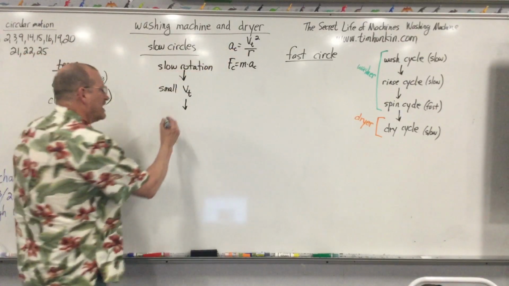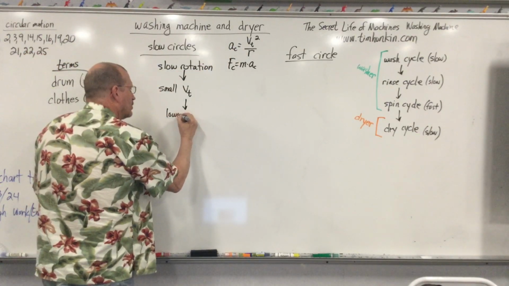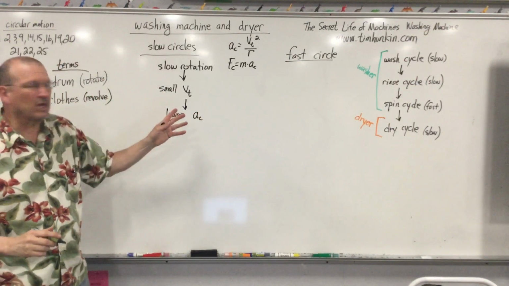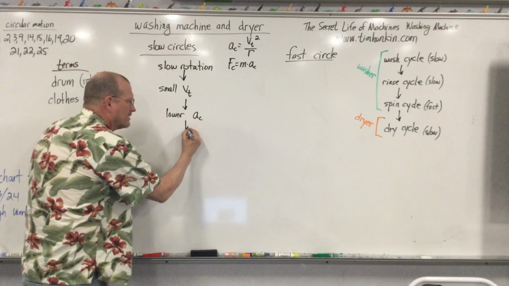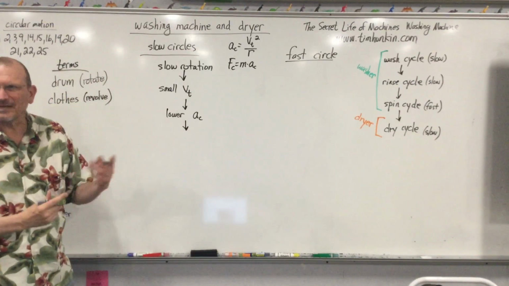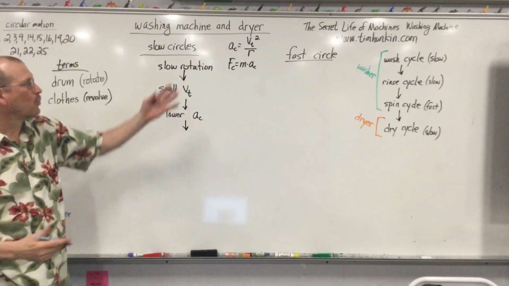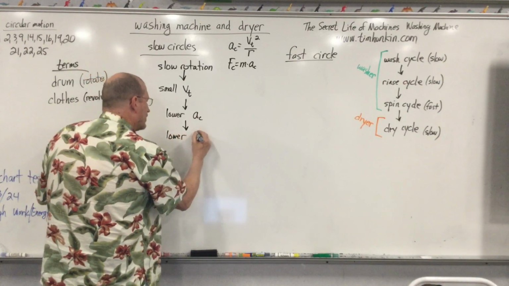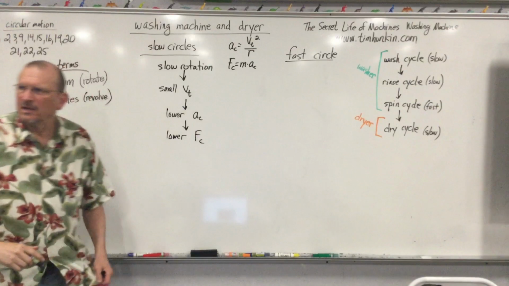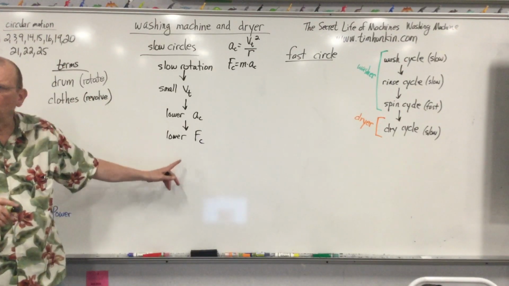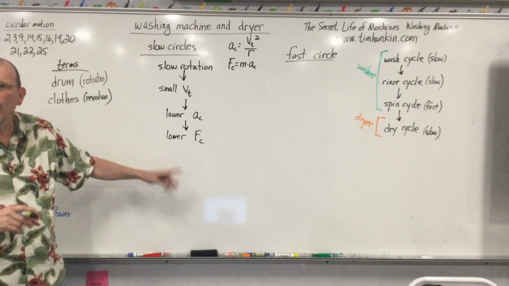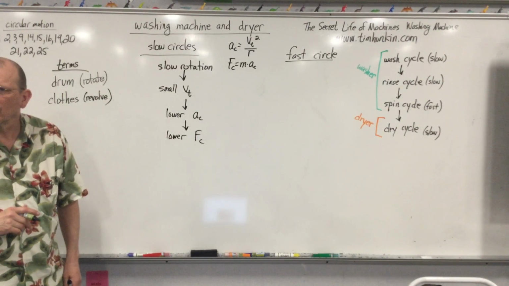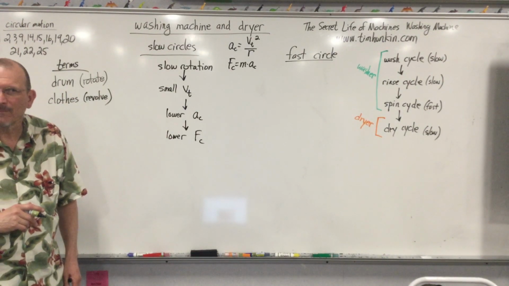We have a lower A sub C. If we have a lower A sub C, what's the next thing we connect it to? We have a lower F sub C. Now, because we have a lower F sub C, what happens to the clothes? They tumble.